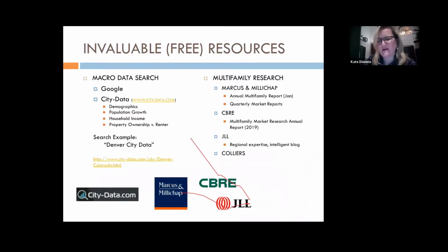And then Colliers. Colliers International, interestingly, the last multifamily report that I could find was for 2016. And I was thinking, I don't think I should let them know this, but I read it. And the thing about multifamily, this is not a fad business. They have a very long arc, these businesses.